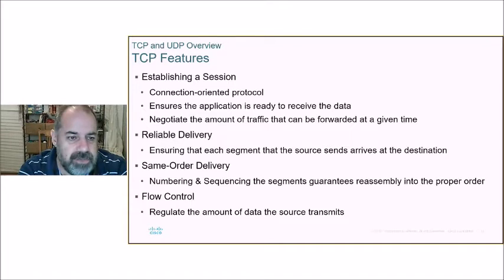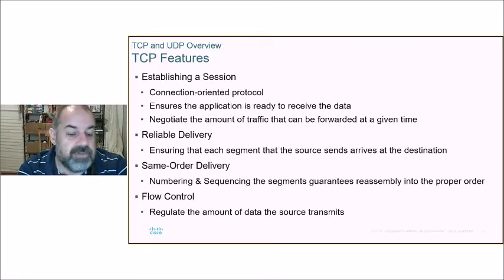Now, with TCP, it actually creates a session or a connection between the two hosts, the sending and receiving host. Basically it does what's called a three-way handshake. They negotiate their connection to start with those three segments that are sent. After that you end up with reliable delivery, ensuring that each segment the source sends arrives at the destination, and is numbered in the correct order. That's always useful.